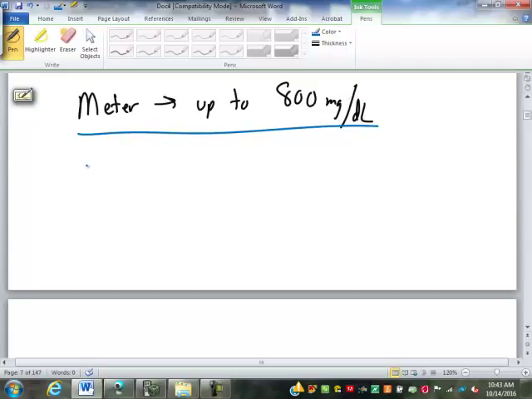So we are going to perform a 1 in 4 dilution and retest.